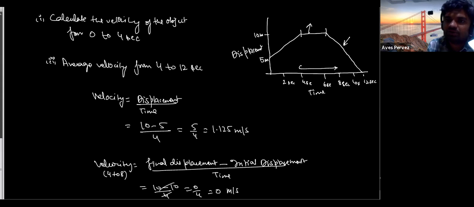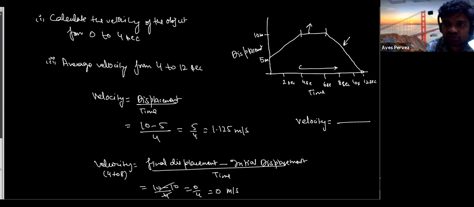Okay. Now you need to calculate the velocity from here to here. Again, the final displacement is this one. The final displacement is 0 and the initial displacement is 10. You can check that this is the displacement axis.